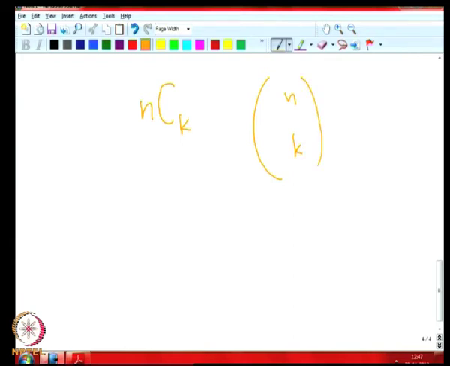So, we can easily see that n c 0 is equal to 1. Why is it so? Because there is only one 0 element subset. Also note that n c n equals 1, right, because only one subset can be formed out of an n element set, right.